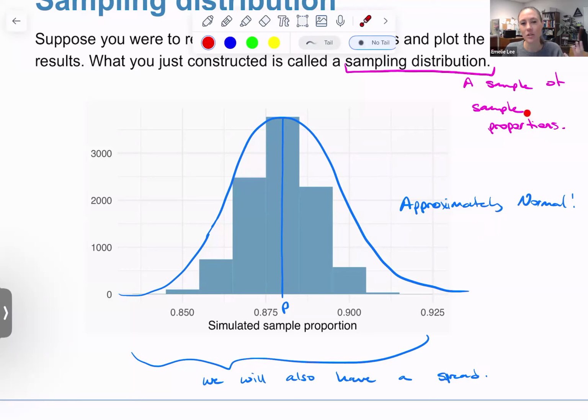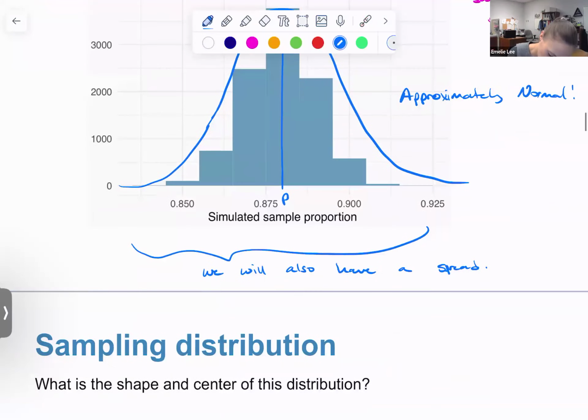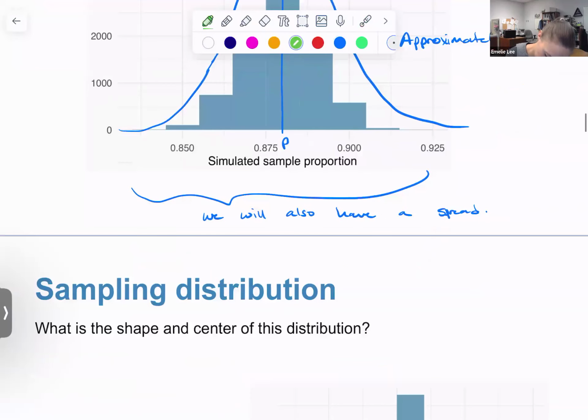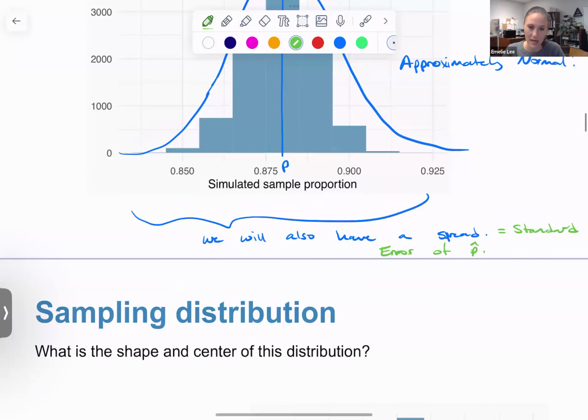And so we just introduce a new word called the standard error of p hat, which is the standard deviation of p hat.